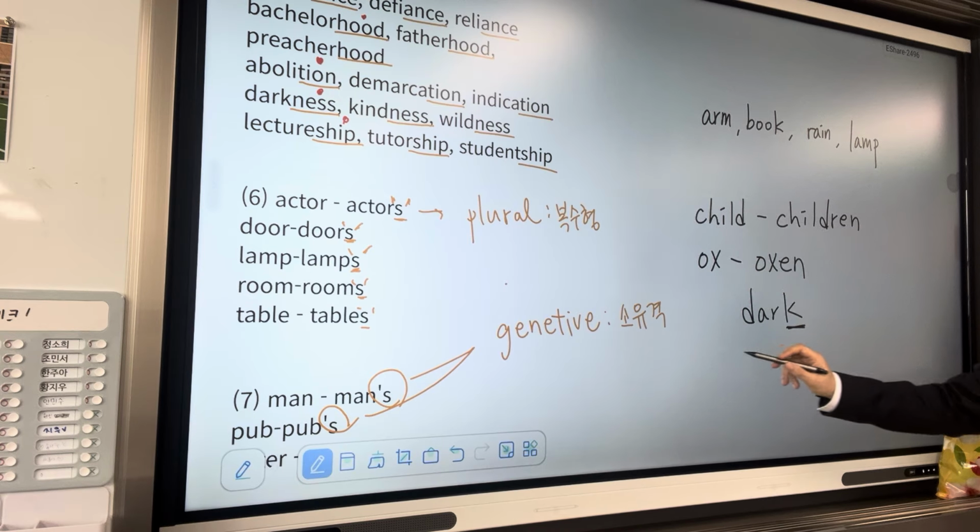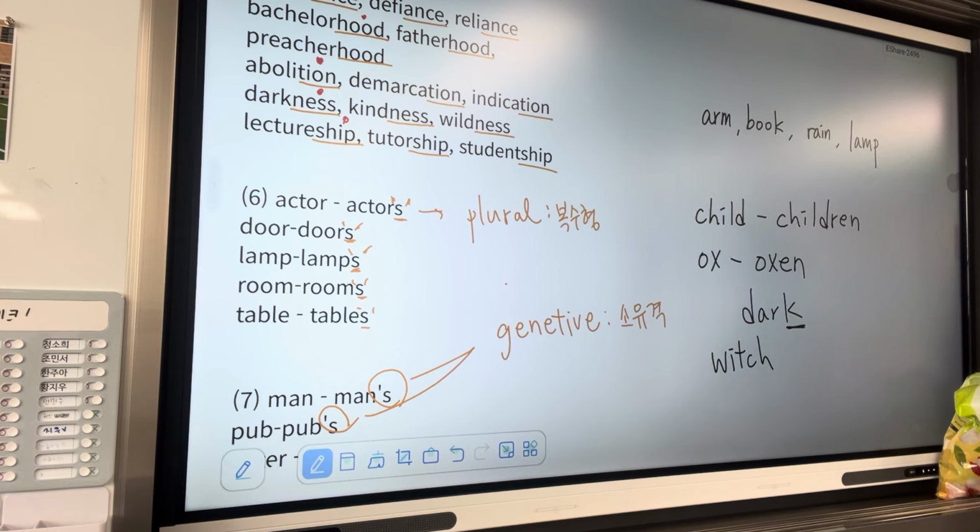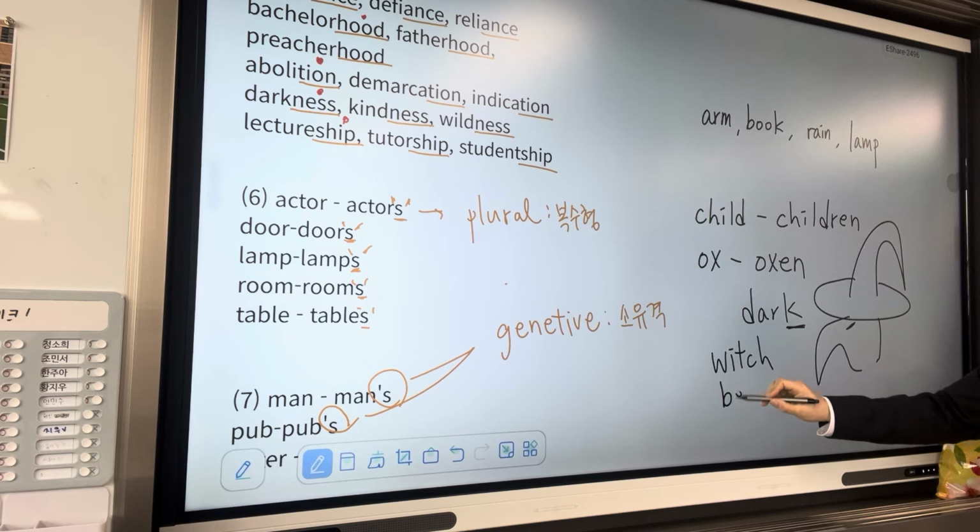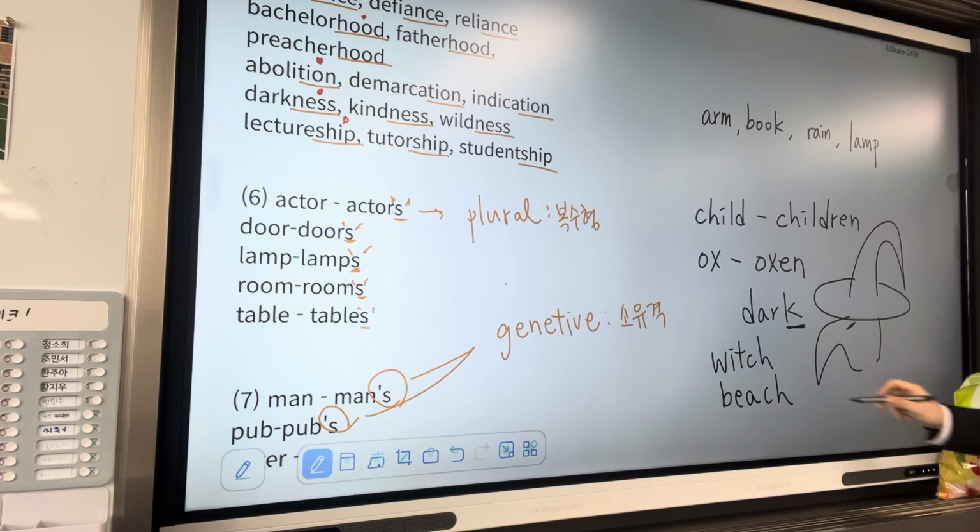Did I tell you which joke? No? You know which, right? This is a witch, right? You know beach, right?